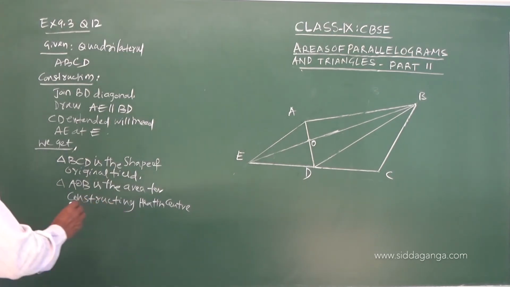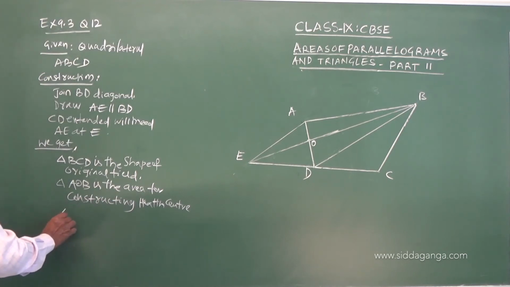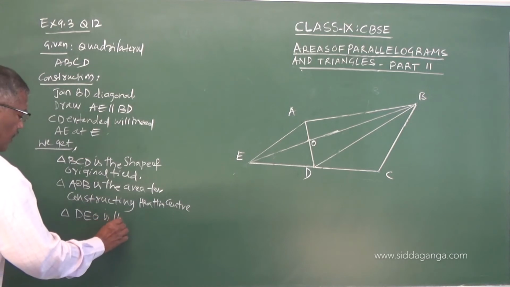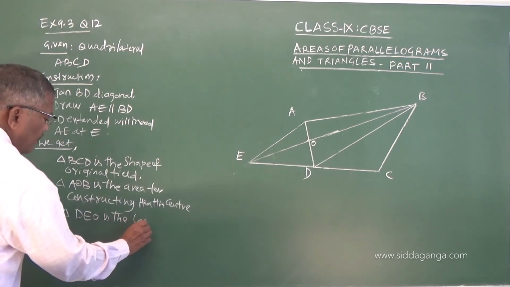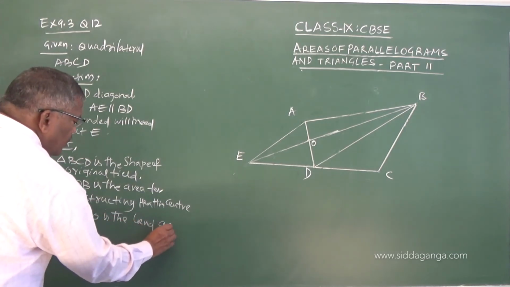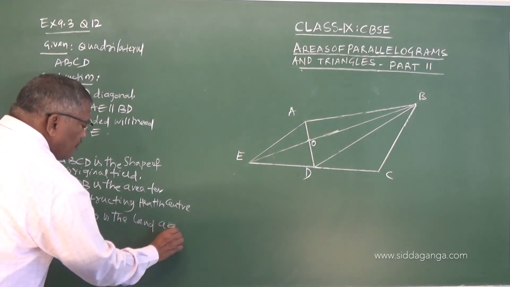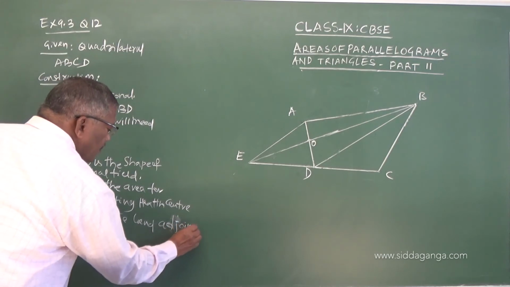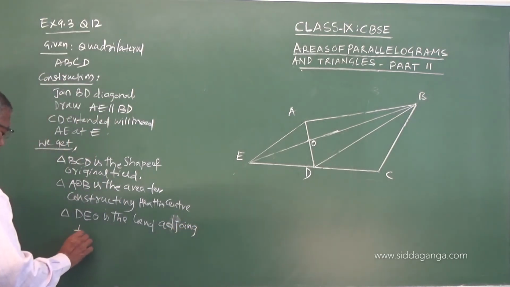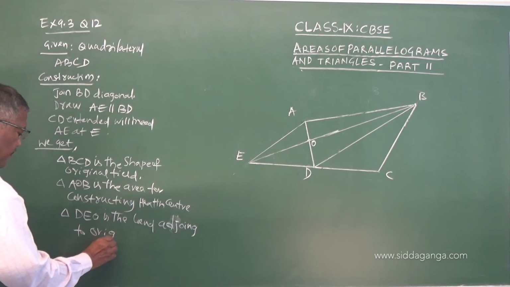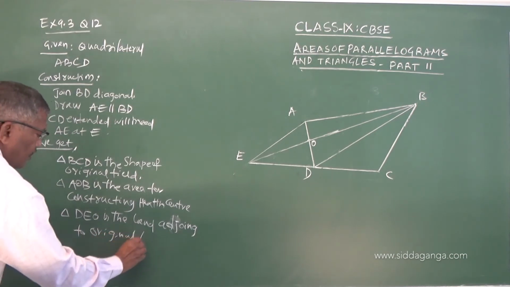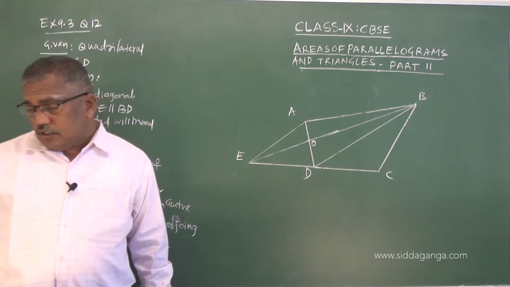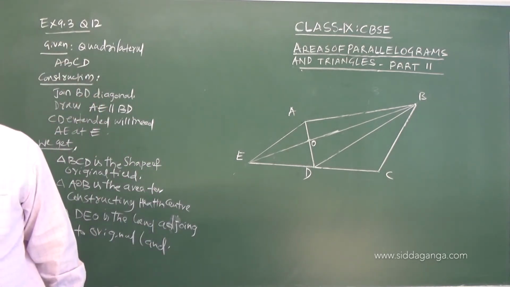DEO is the land. Triangle DEO is the land adjoining the original land. So such results we will get.